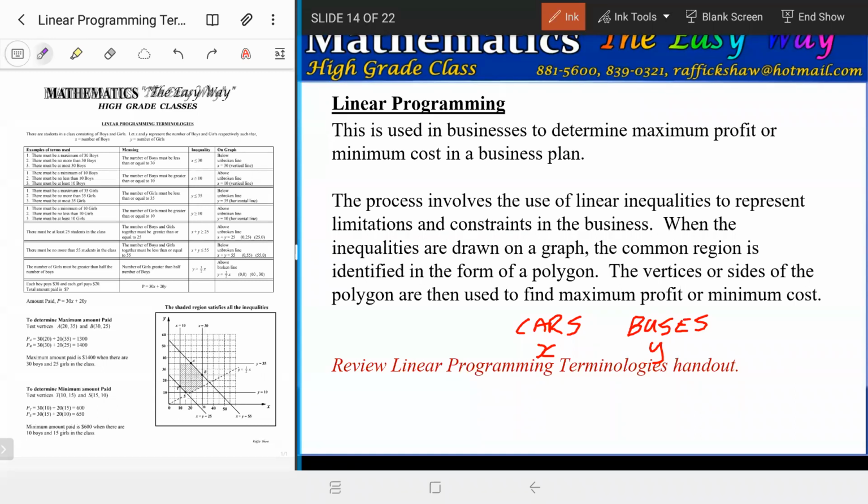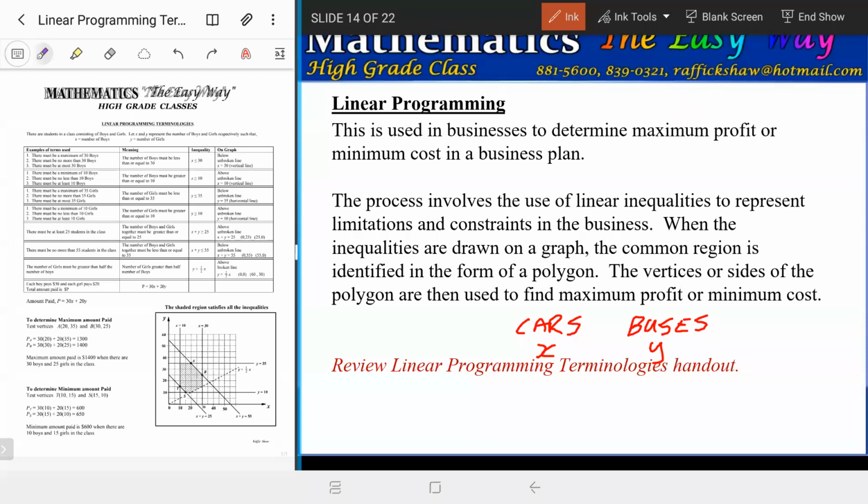So you can get an expression for the total amount of money that you spend to buy X cars and Y buses. And that total amount of money that you're going to spend will have to be less than or equal to the $10 million that you have. You're either going to spend all of the $10 million or you're going to spend some of it. In any case, the total amount of money that you spend will have to be less than or equal to 10 million.